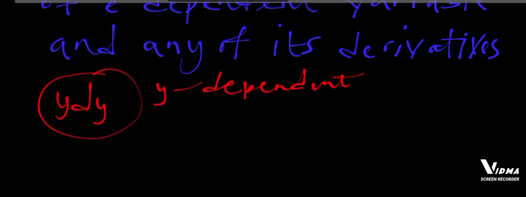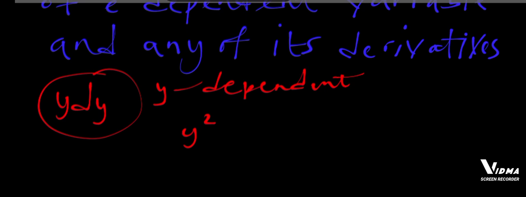Or if I see something like y square in my differential equation, it suggests that it is nonlinear because I cannot have any product of my dependent variable with its derivatives. Do you understand?